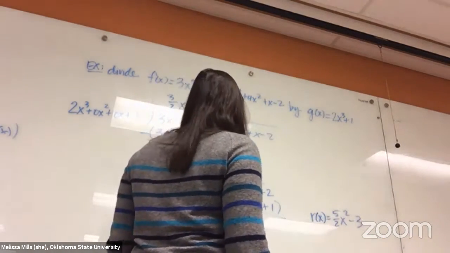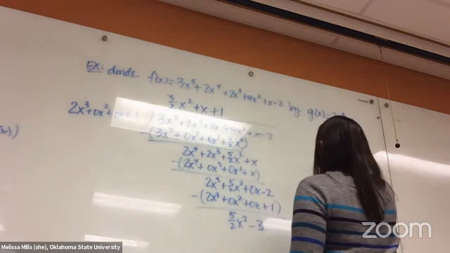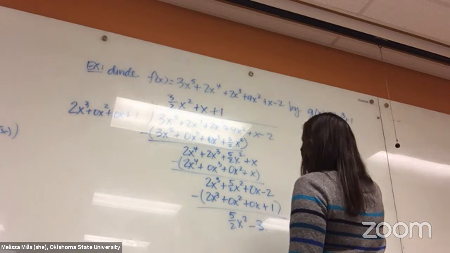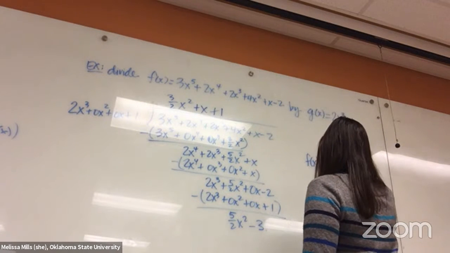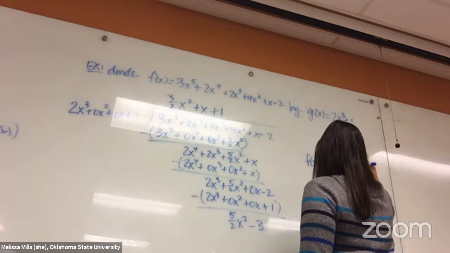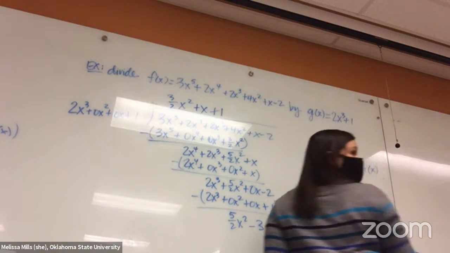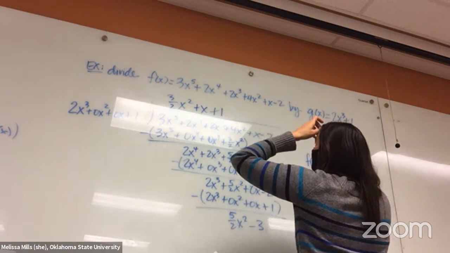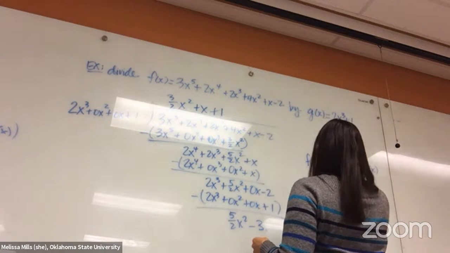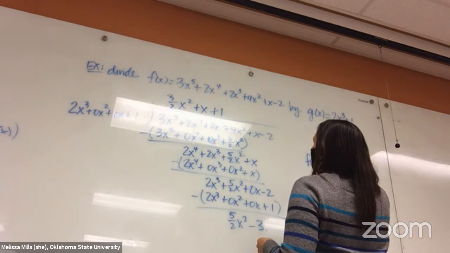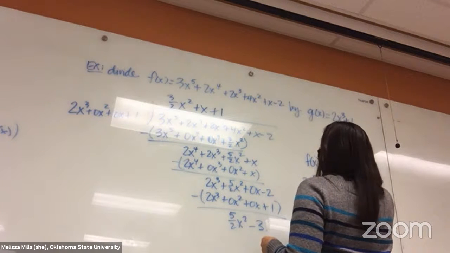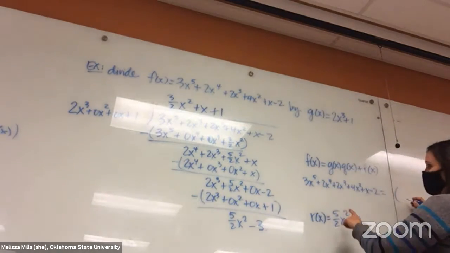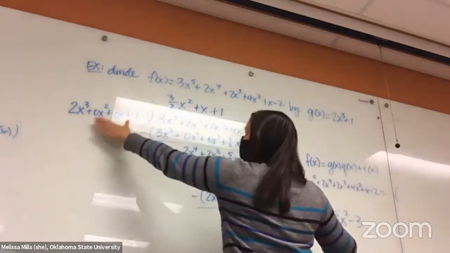Because our remainder satisfies those conditions, I can say f of x equals g of x times q of x plus r of x. And I can write out whatever all that is. So I can say 3x to the fifth plus 2x to the fourth plus 2x cubed plus 4x squared plus x minus 2 is equal to this times that, right?